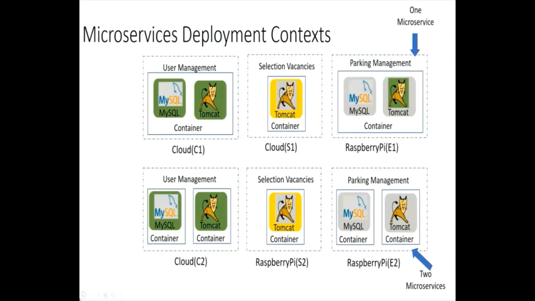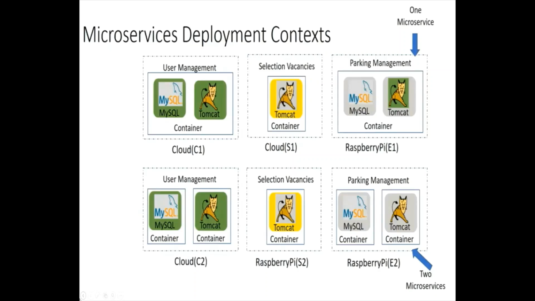containers. In S1, the selection vacancy service runs on the cloud, but in S2 it runs on the edge device. And in E1, the parking management service runs on the edge, and both MySQL and Tomcat run in the same container, but in E2 they run in two different containers as two different microservices.